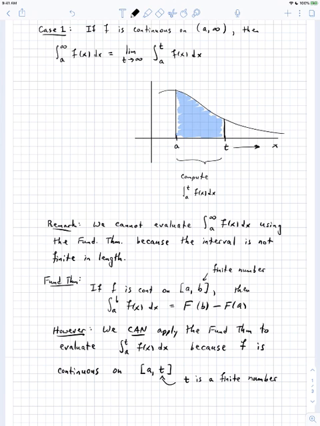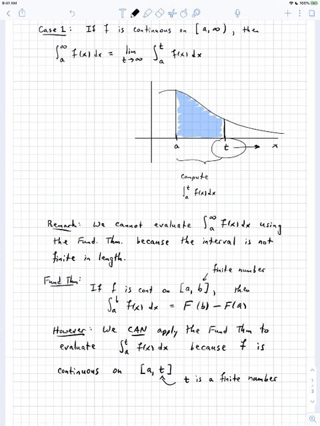I just noticed that in our original statement I didn't include a. Let's include a here. All right, so f is continuous on the interval from a, including a, but going off to infinity. So we can't evaluate the integral from a to infinity using the fundamental theorem of calculus, but we can apply the fundamental theorem of calculus to evaluate the integral from a to t.